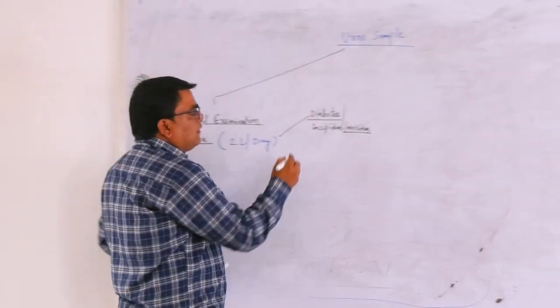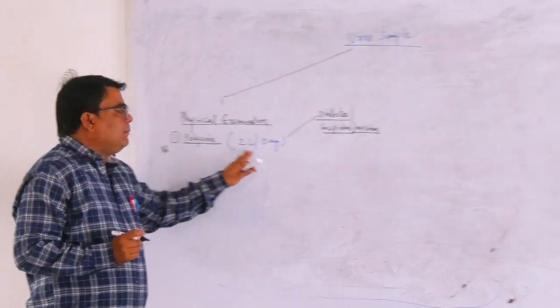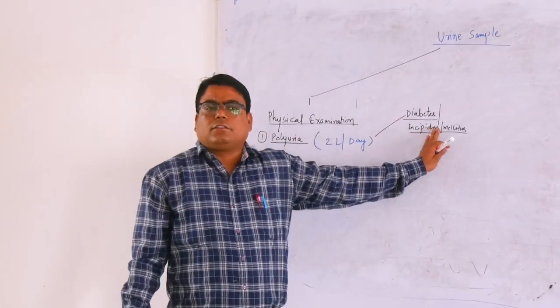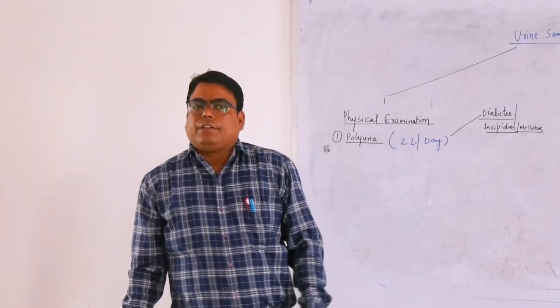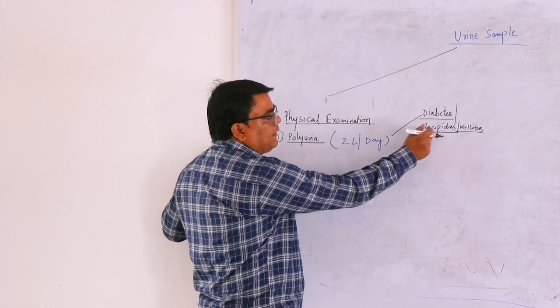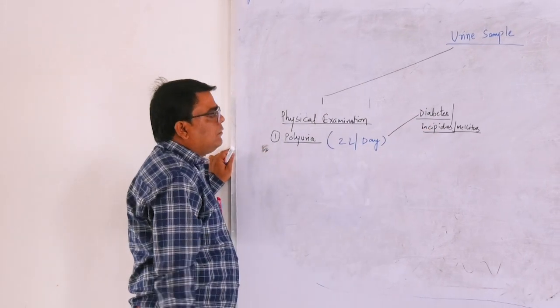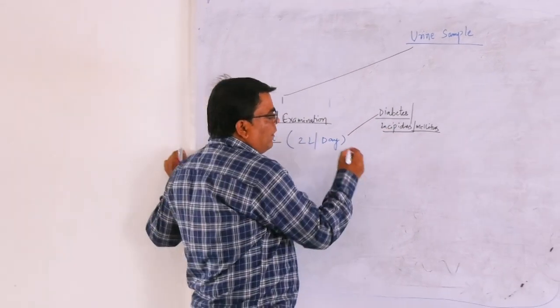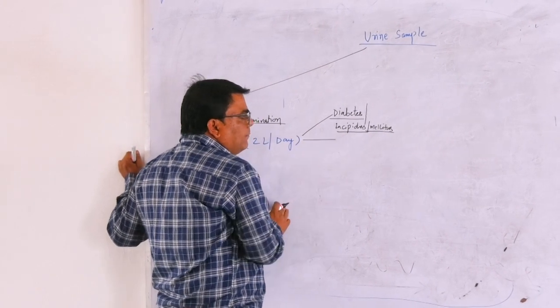One clinical symptom arises in both conditions, and this is called frequent urination. Diabetes mellitus, and in the case of insipidus also. Okay. Or any other reason?